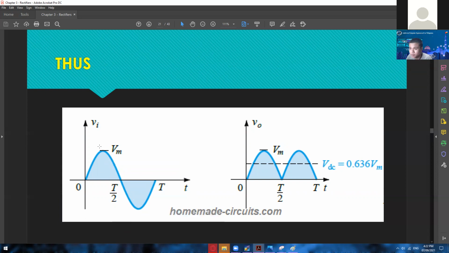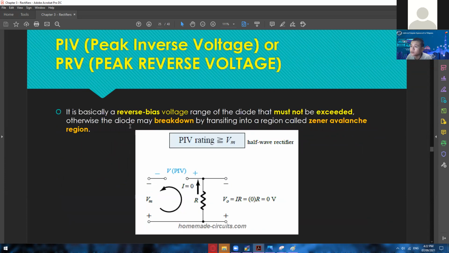It could be positive or negative, but of course those two are the same. So we call that one the peak inverse voltage, or the peak reverse voltage. It is basically the reverse bias voltage range of the diode that must not be exceeded, otherwise the diode may break down by transiting into a region called the Zener avalanche region.